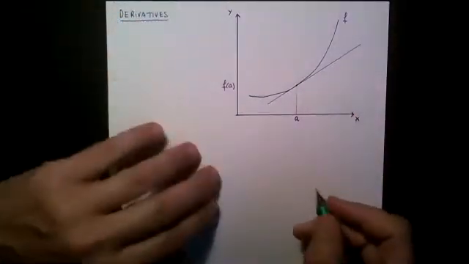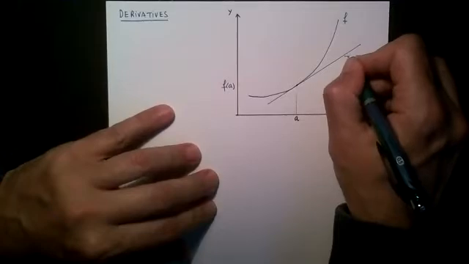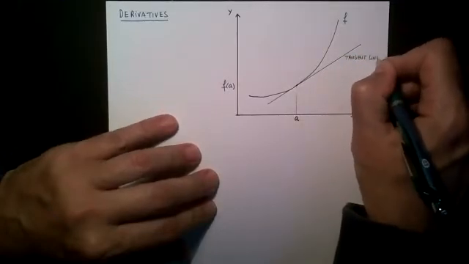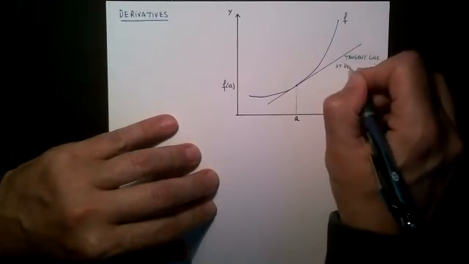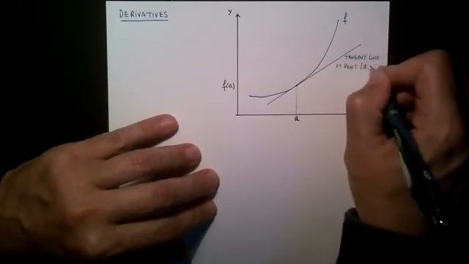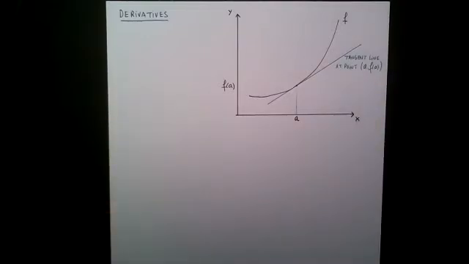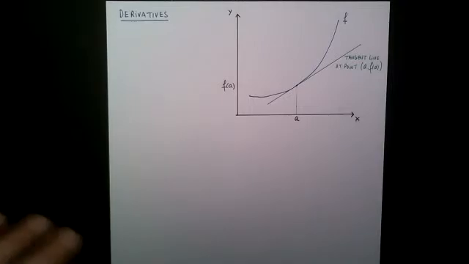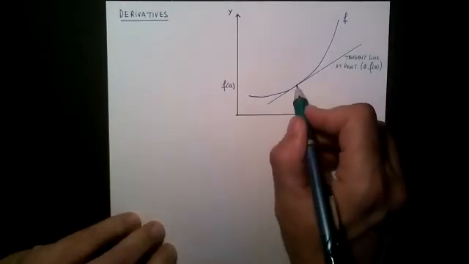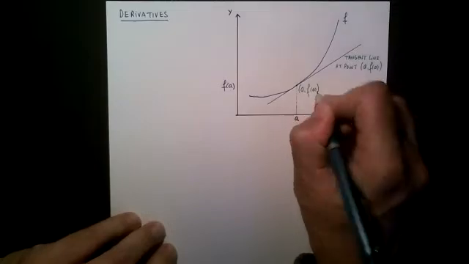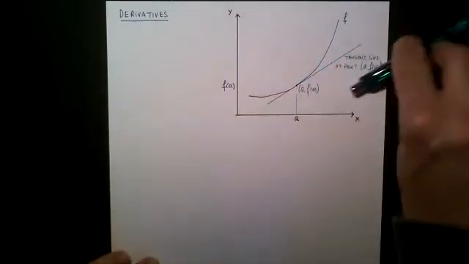So this is a tangent line at point A, f of A. Okay, so nothing too crazy for now. I have a function. I took a point on my function, which is the point A, f of A. And at that point, I draw a tangent line.